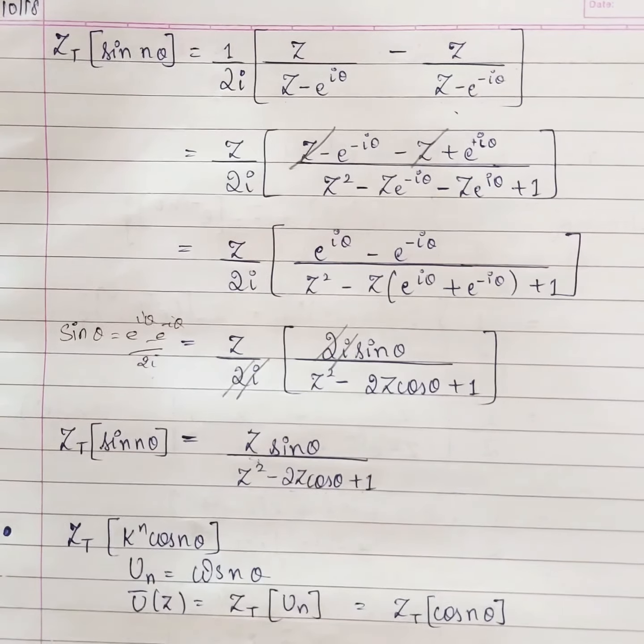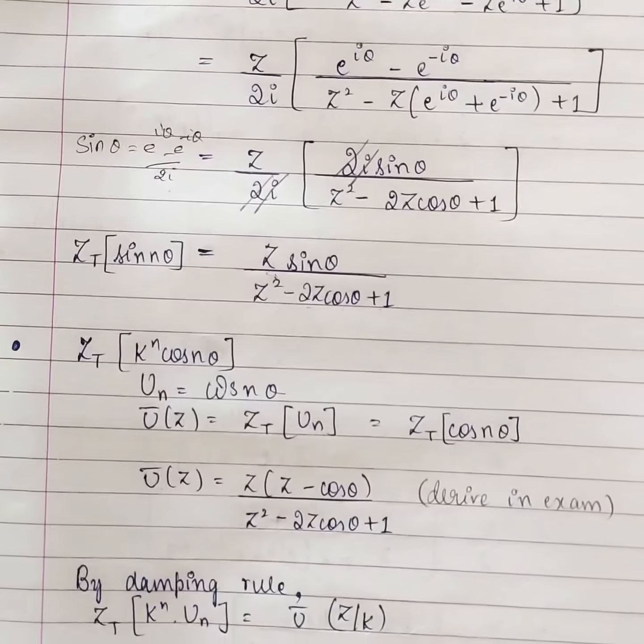We have to derive only z transform of cos n theta. If in the exam they ask z transform of k power n cos n theta, no need to find this sin n theta. First find z transform of cos n theta, and then apply the damping rule and derive it. That's it. What is asked, you can solve the same.